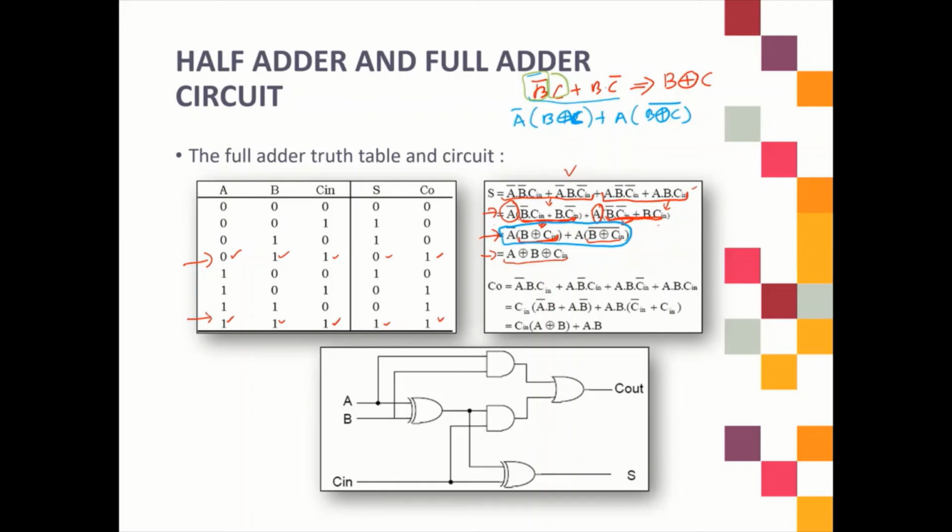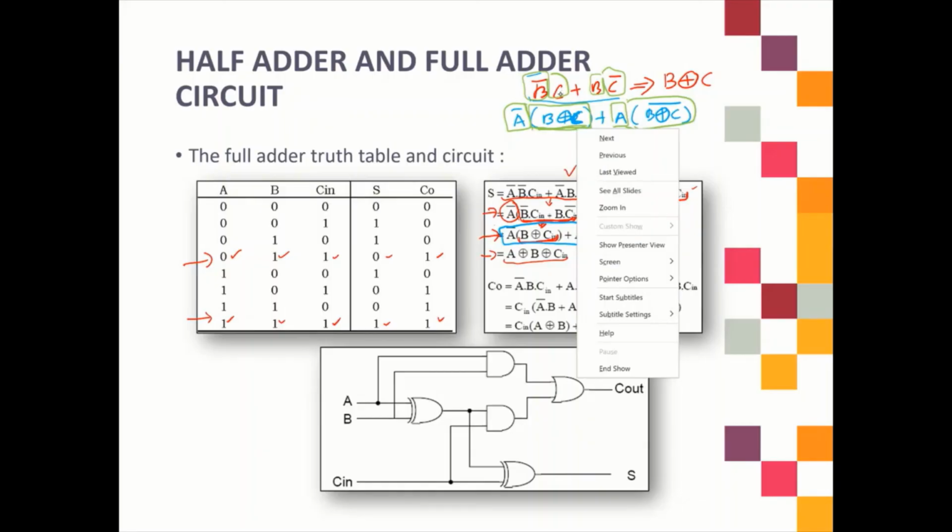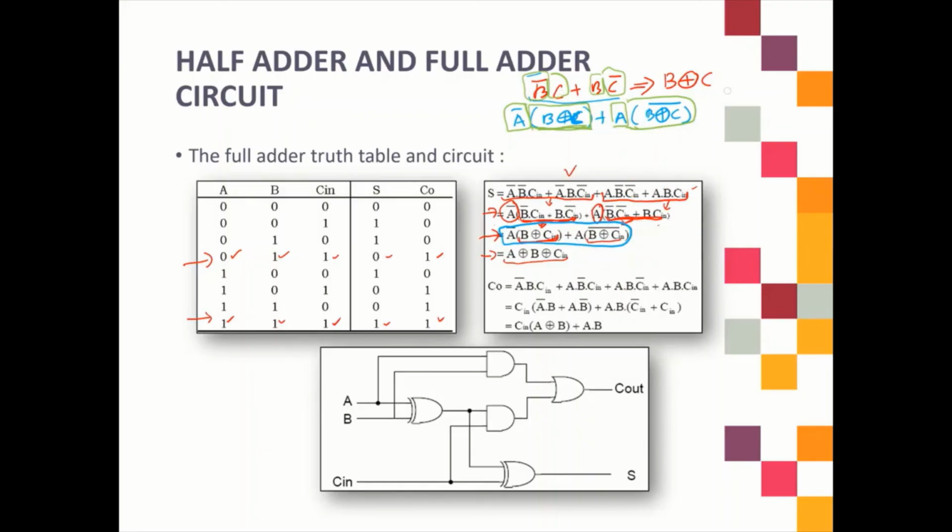This one also follows this format: A bar with this product term, and then this one is A with this product term. So this is considered as one variable. B exclusive OR C is replacing C, and B XOR with C is replacing the C bar. So that's why this follows the format of XOR.